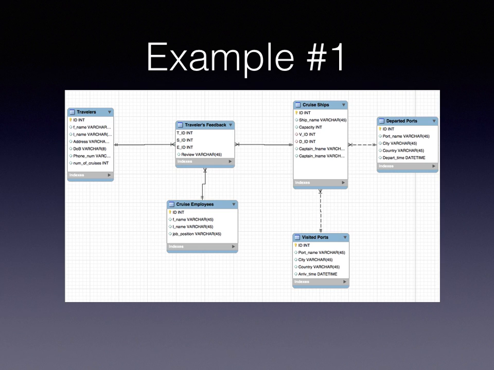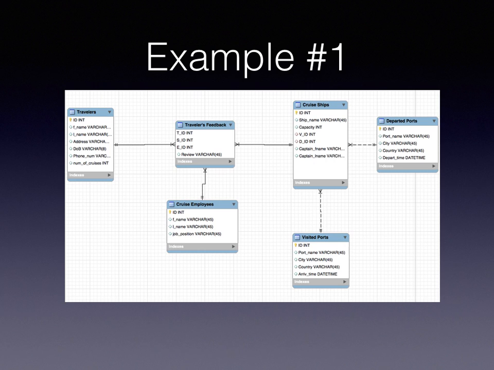All right, right off the bat, we're starting with an example that is for an SQL UML diagram, for structuring SQL tables. As you can see, the main entry that all of them stem from is the cruise ship entry right here.